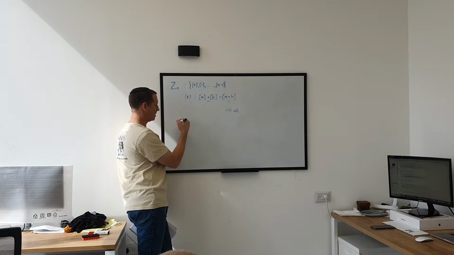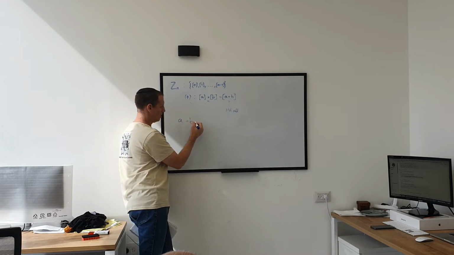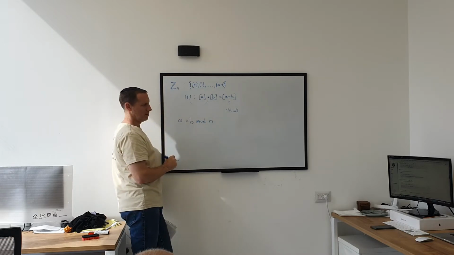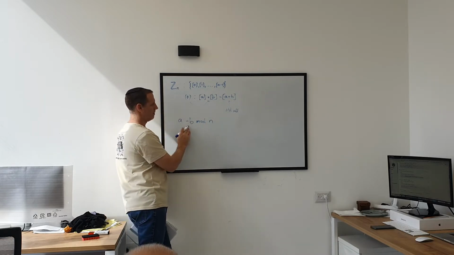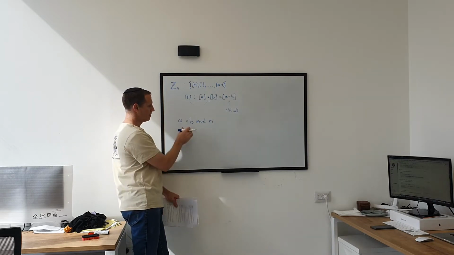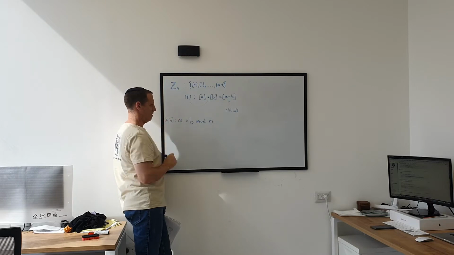We started with the equivalence relation of A equals B mod n, and we base everything on this equivalence relation of A and B, if you remember.